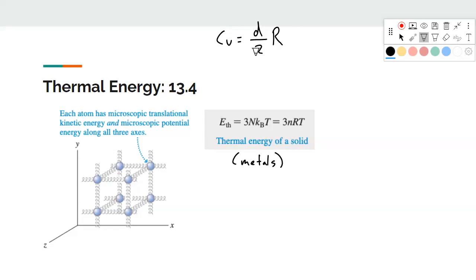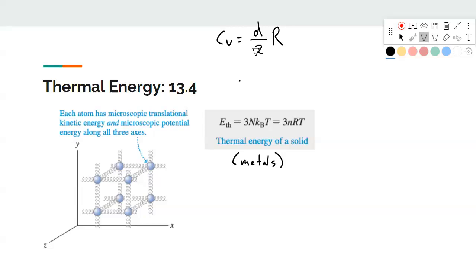And so for a metal, the molecules in the metallic crystal structure have the ability to move along the X, Y, and Z axis, but they also have some potential energy along each of those axes because of the molecular bonds. And so those contribute towards the total energy, the average energy for each molecule.